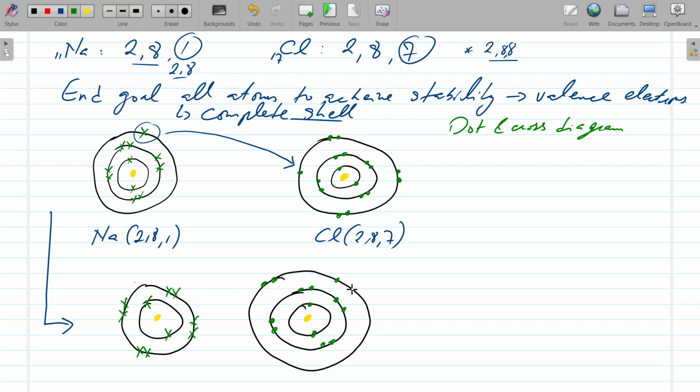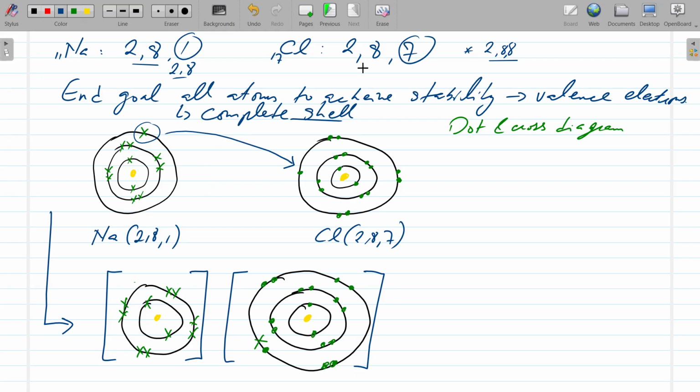But what we'll do over here for these 8 is, we'll draw 1 dot and 1 cross. And why we're doing that is to show, well, this is not actually chlorine's atom. Sorry, electron. And also square brackets over here. And you're going to show the charge.